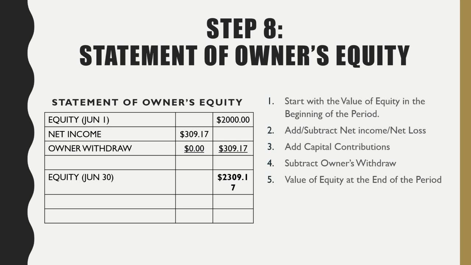Any other contributing factors, such as a capital contribution, maybe you invested a little more of your own money into the company, it's going to increase owner's equity. And if you took money out from your company, you're going to decrease, okay? Vice versa. So with that being said, you must complete the income statement first and make that decision, right?